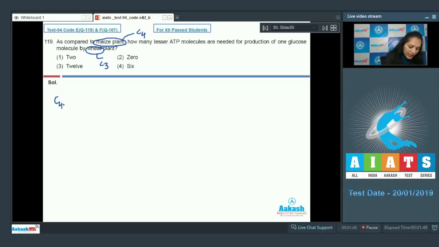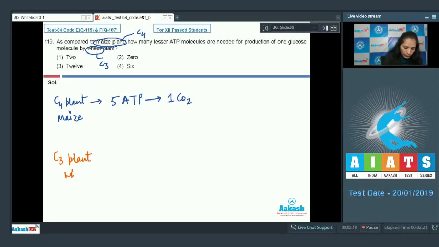So a C4 plant such as maize requires 5 ATP to fix a molecule of carbon dioxide, whereas a C3 plant such as wheat requires 3 ATP to fix a single molecule of carbon dioxide.